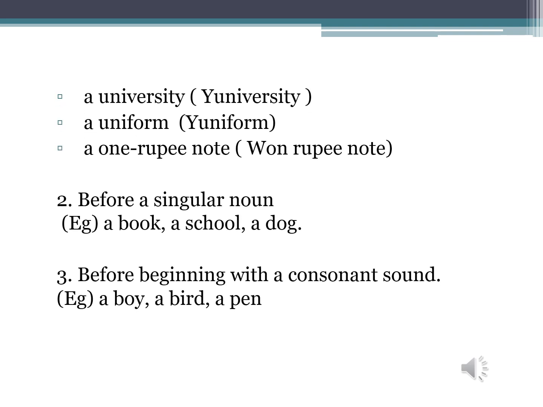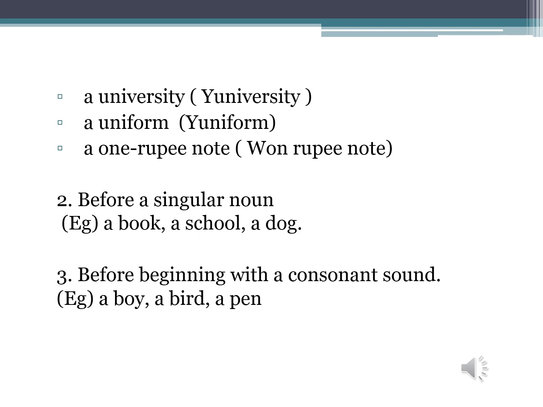Further examples are a university, a uniform, a one-rupee note. Here the pronunciation is given in the bracket. Here Y and W are considered to be consonant sounds. Before a consonant sound, we can use the article a.